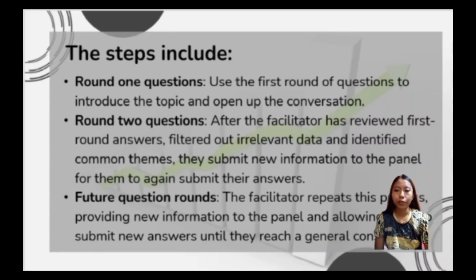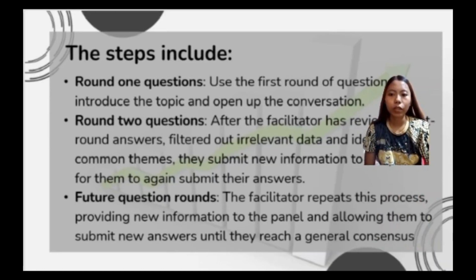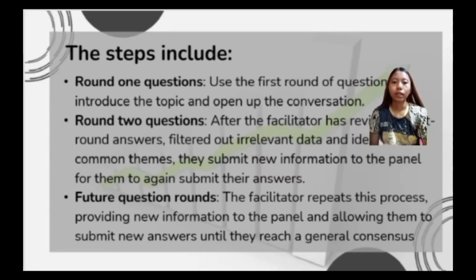Round 2 questions: after the facilitator has reviewed the first round answers, they filter out the irrelevant data and submit new information to the panel for them to submit their answers again. So that's where round 2 questions come in, where you add another question so the panel can assess more.